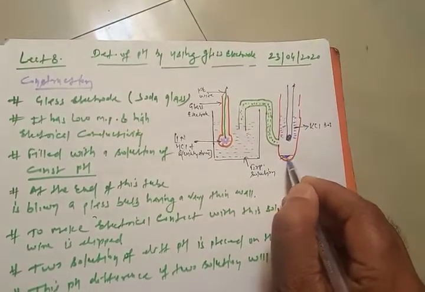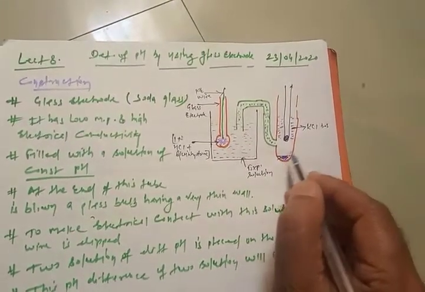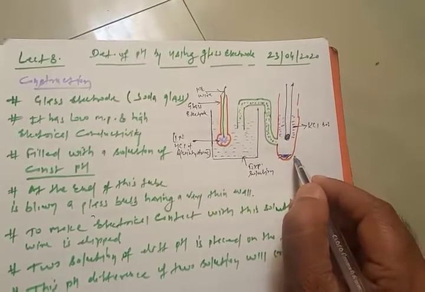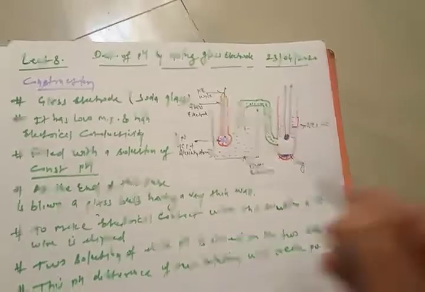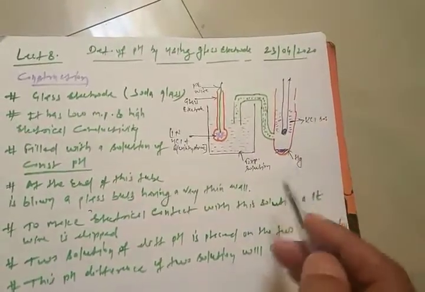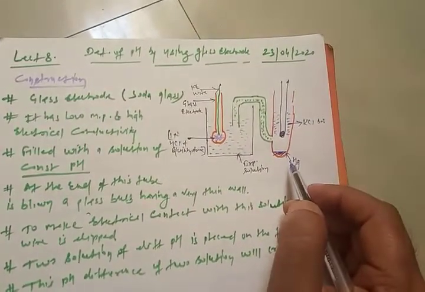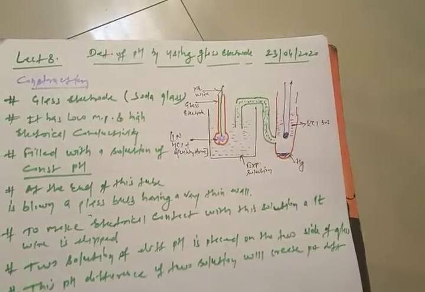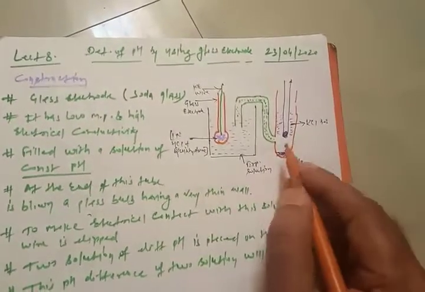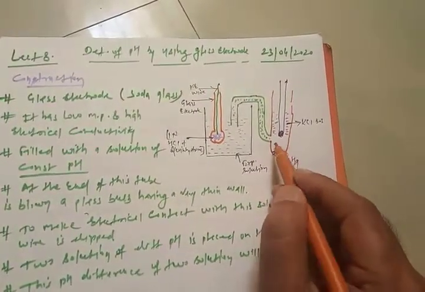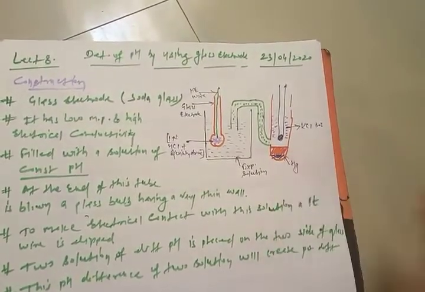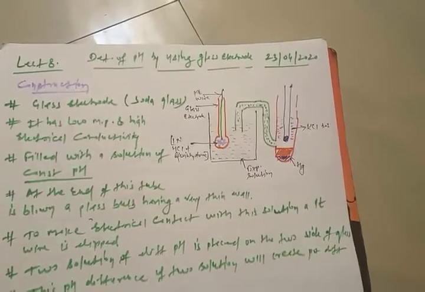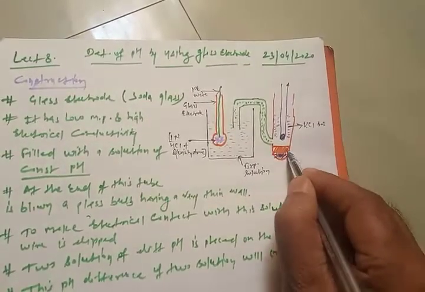And at the bottom, those who have not seen the video of the calomel electrode can see it again. This is exactly the calomel electrode: mercury, and then just on the upper side we have a paste of Hg2Cl2.